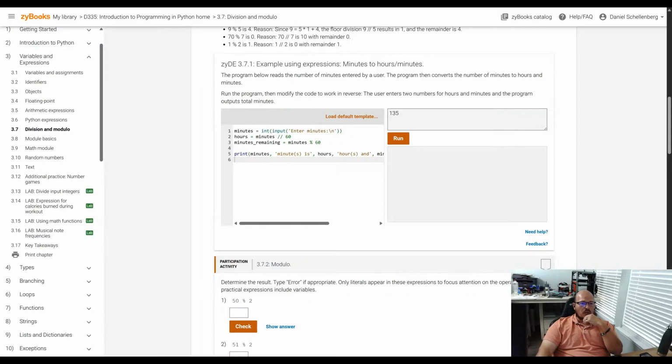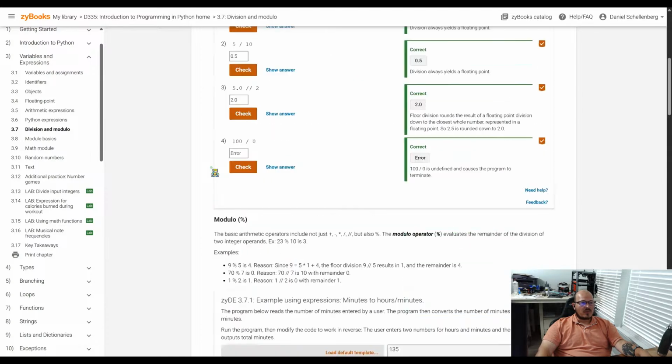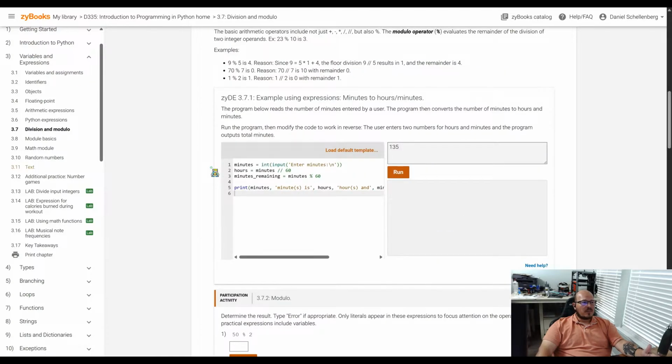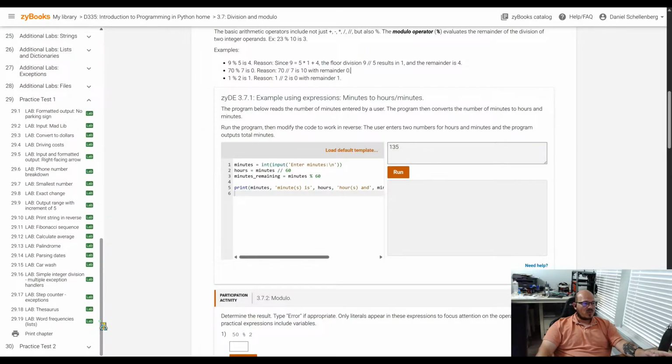Let's continue, and then we'll learn that part here because we're going to need to know the modulo and the floor division really well, not only in the assessment but in the practice test as well, which basically mirrors the assessment. We're going to be using these operators right here in 29.6.